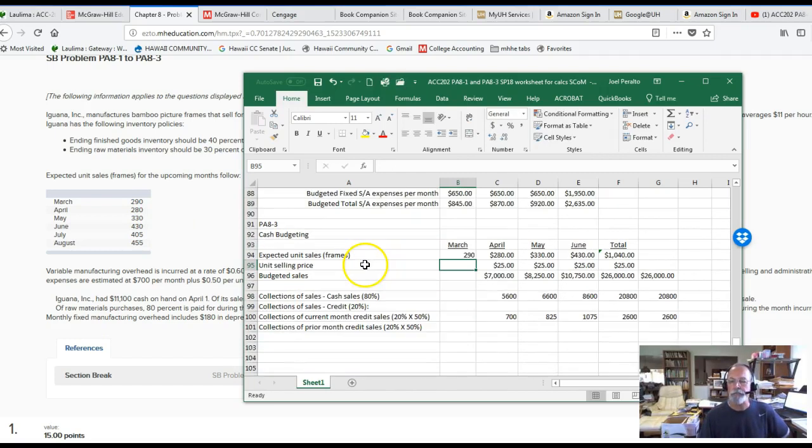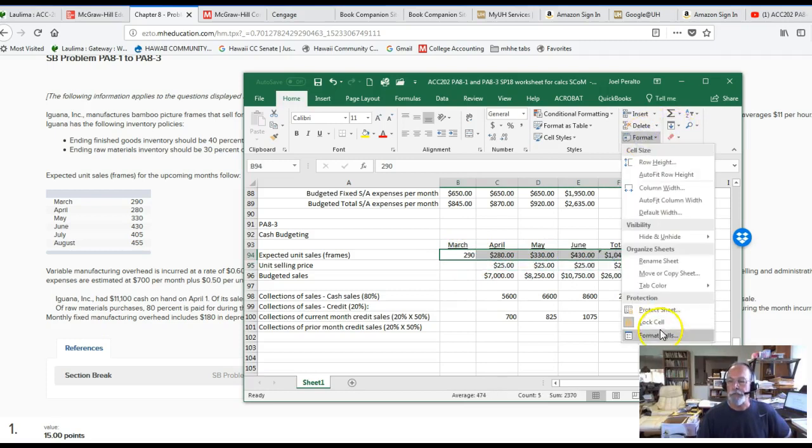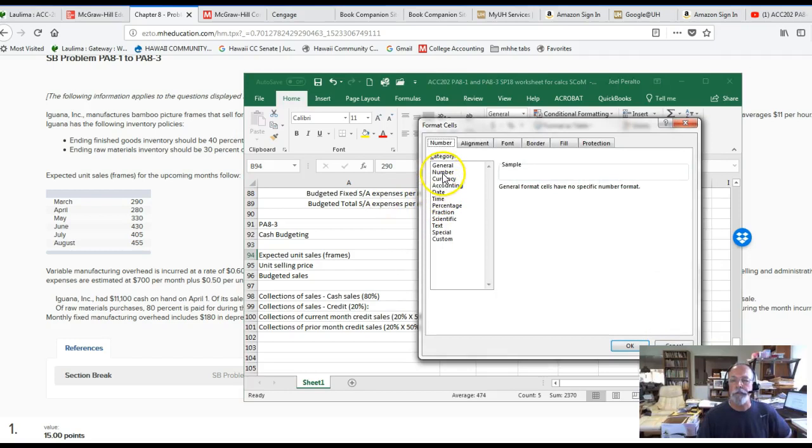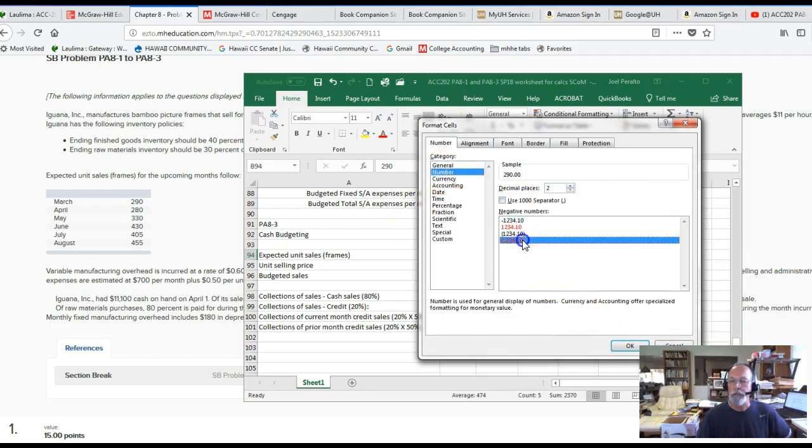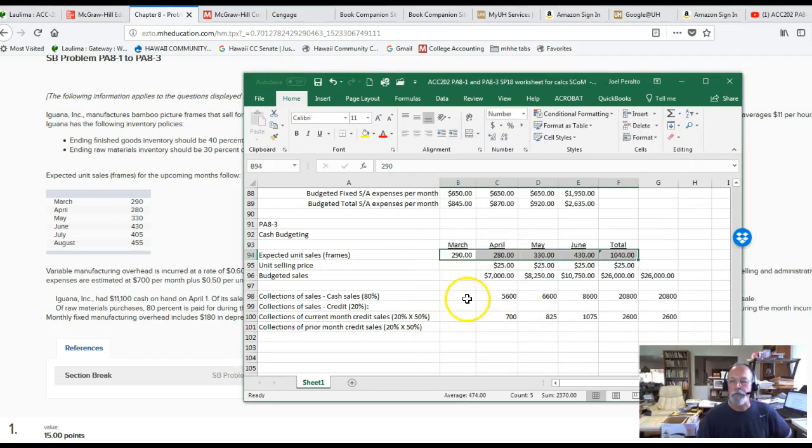And by the way, I just realized that I formatted this as currency, but these are not currency numbers. These are unit numbers. So these should be formatted as numbers. Okay. This is the same, and this formula should be the same.